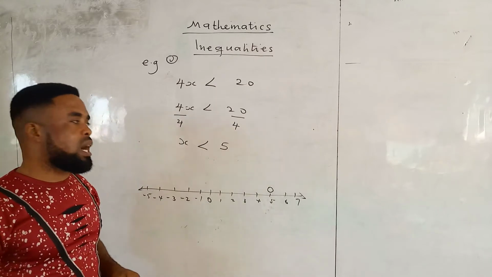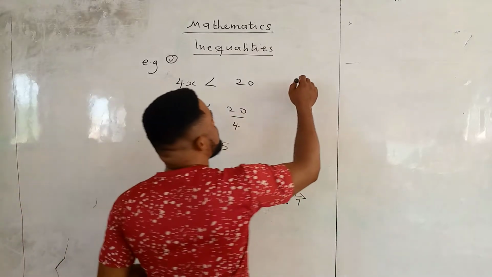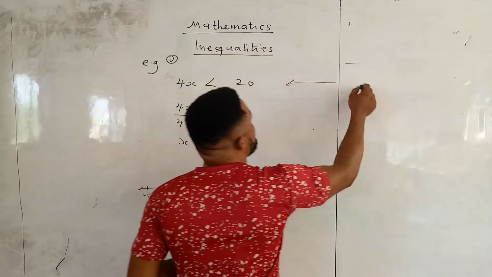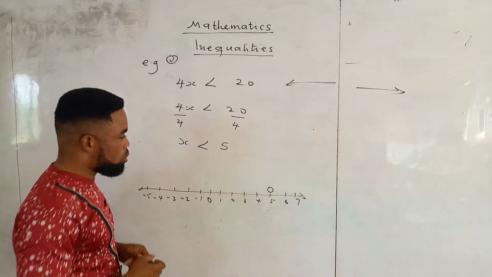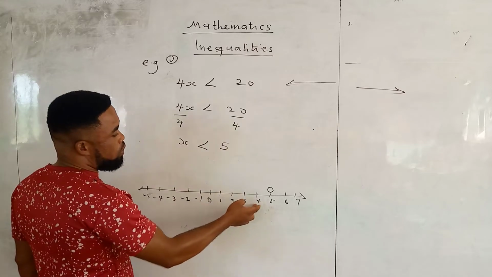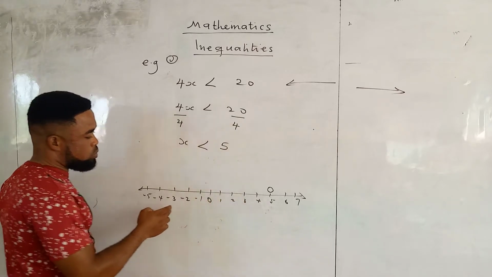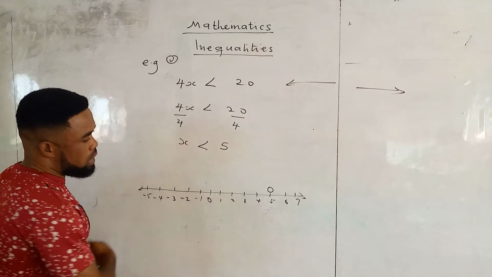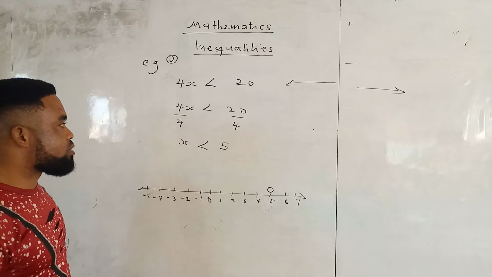Now, the answer over here says x is less than what? Less than 5. So we use an arrow. You could see that all these numbers over here, 4, 3, 2, 1, 0, negative 1, negative 2, negative 3, all those numbers there are less than what? Less than 5.